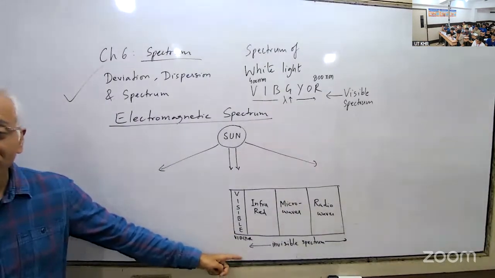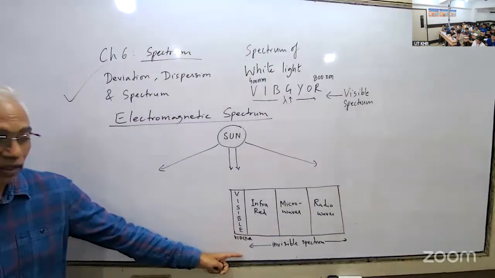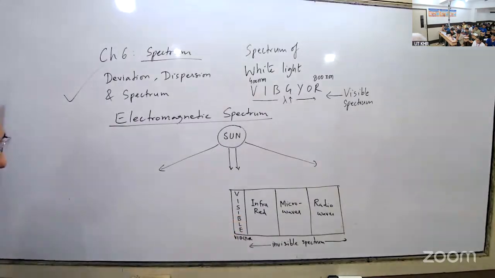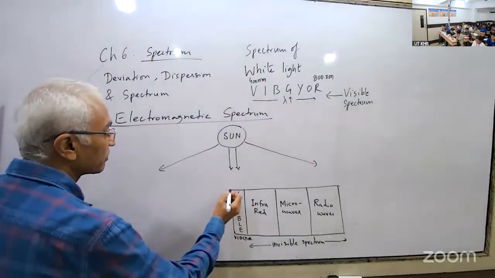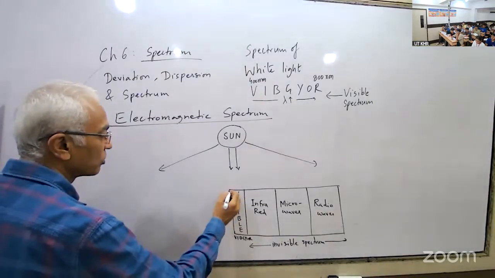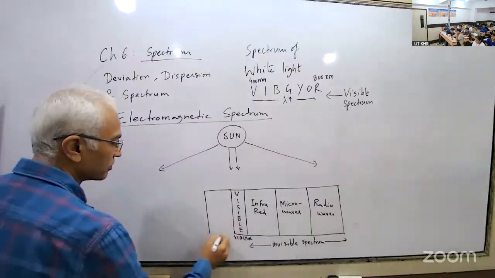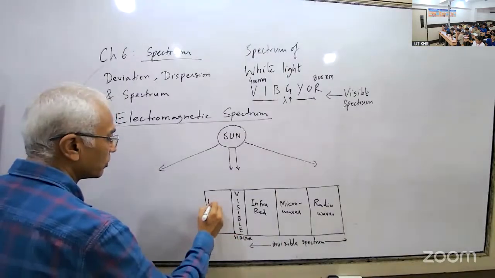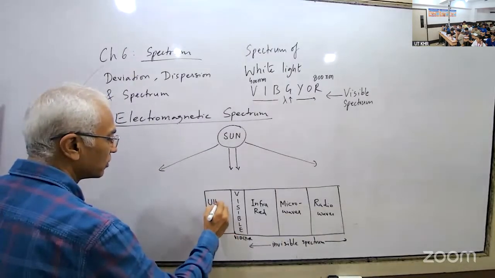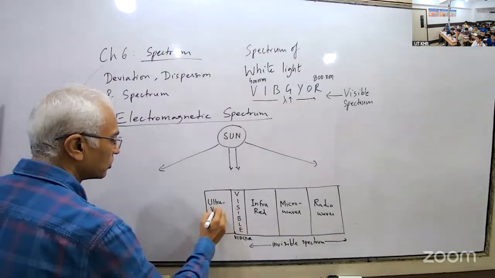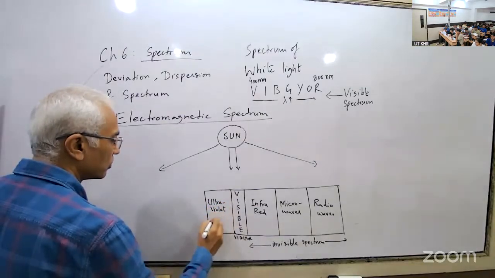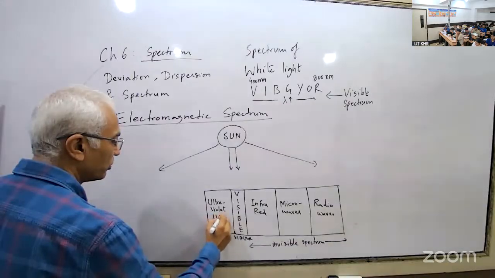Maybe there are certain animals who might detect infrared. Also on the other side, to the left of violet, you have ultraviolet, or UV rays.